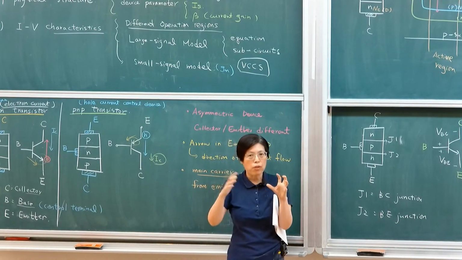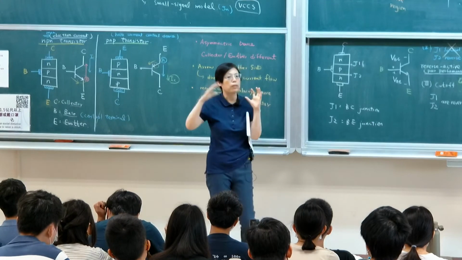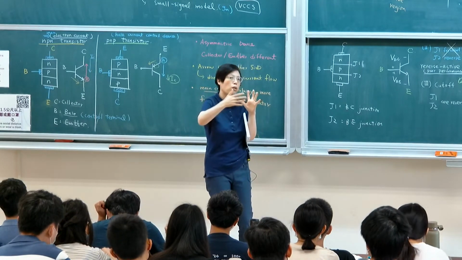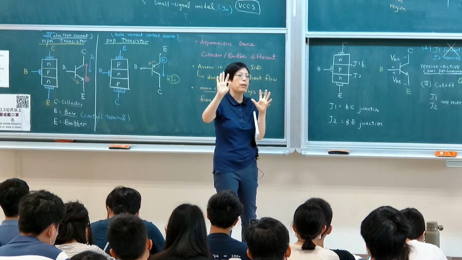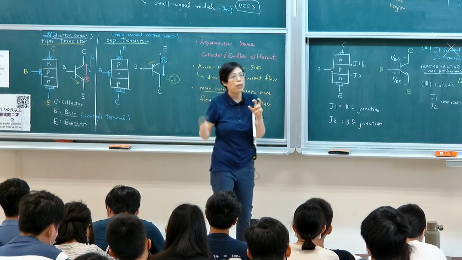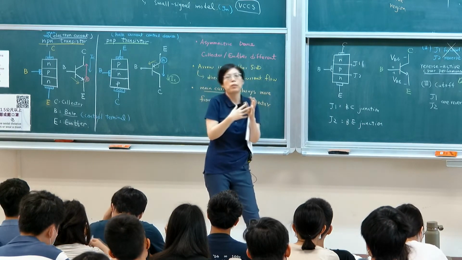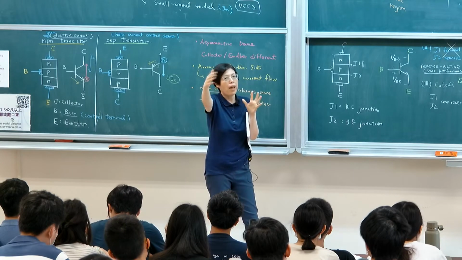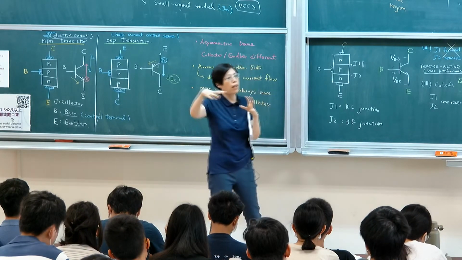If I'm spreading the perfume, you will see the perfume particles diffuse from the front, because there's a lot of them, and diffuse all the way to the back. If I don't do anything at the back, there will be a stabilized output level. But if I put on a vacuum system at the back, whatever is coming in will be sucked out.